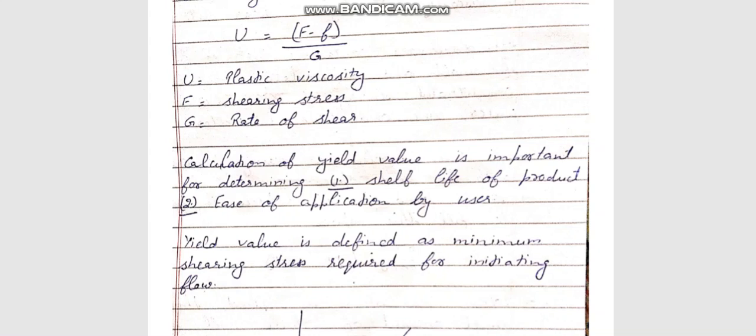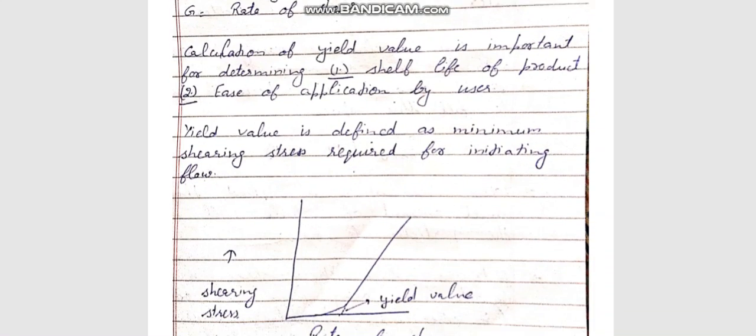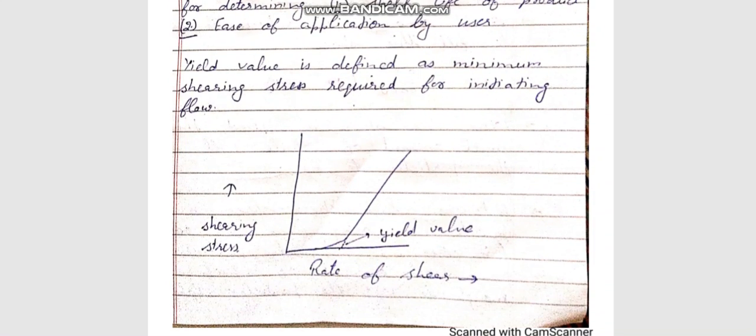Yield value is defined as the minimum shearing stress that is required for initiating flow. It means it is the minimum stress needed for a material to flow, and the graph between the rate of shear and the shear stress is here.